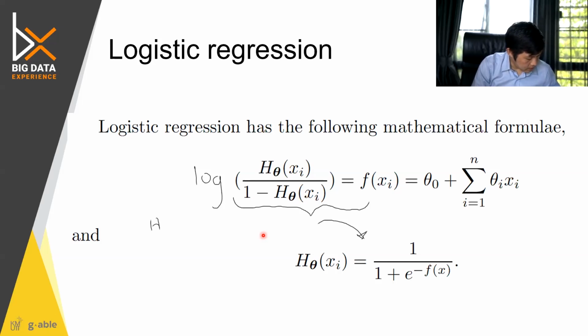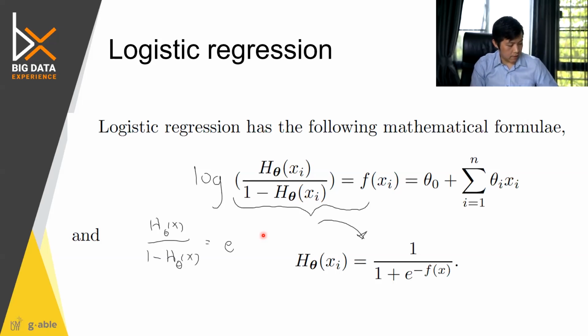So you have h theta x over 1 minus h theta x equal e to the fx. And then I will just switch place.